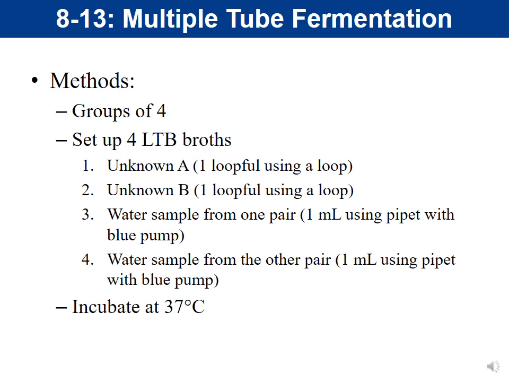It's not very quantitative. You would just take one loopful using a loop. You would get that unknown A water, flame sterilize your loop, let it cool, then dip that loop into the water and transfer some water into that LTB broth. You would do that for both unknown A and unknown B.